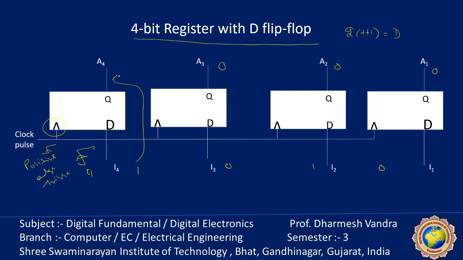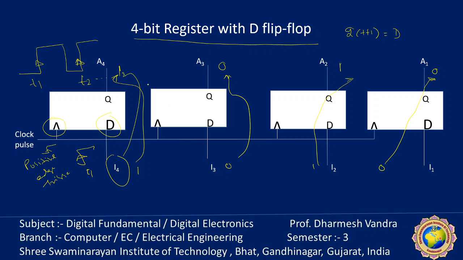The new value is 1, the 0 is transferred here, this 1 is transferred here. At every positive edge, at time T1, at T2 onwards, whenever the clock pulse is generated, whatever the D value is, it is transferred.